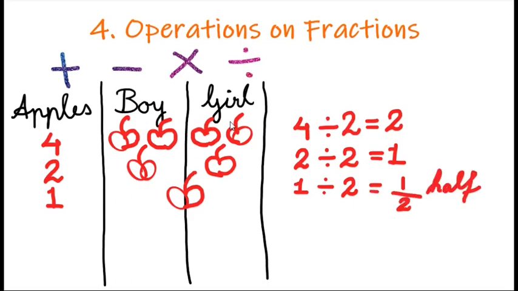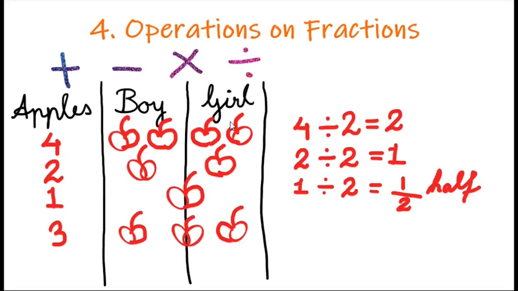Did you understand? Now, suppose we have 3 apples. So, see, 1 apple for this boy, 1 apple for this girl. So, 2 apples are distributed. 1 is remaining, isn't it? So, what will we do? That 1 we will distribute among them in this way, equally. So, each one is getting 1 and a half. Yes or no?